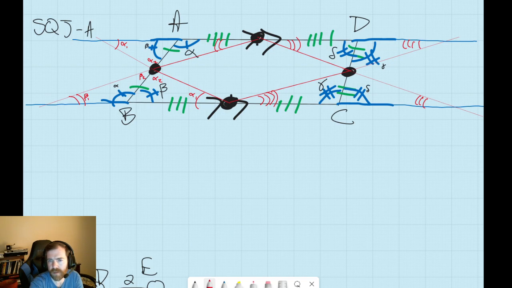Alright, if this is gamma, then this is going to be delta 1, delta 2, and if this is delta, this is going to be gamma 1, gamma 2.